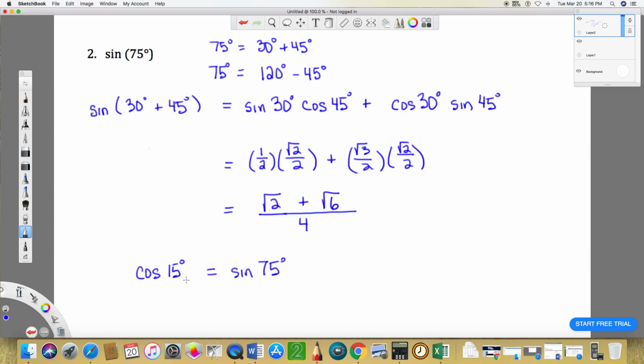So we had that earlier theorem about complementary, the cofunctions of complementary angles are equal to each other. So it shouldn't be any big surprise that this is the same answer that we had with problem number 1.